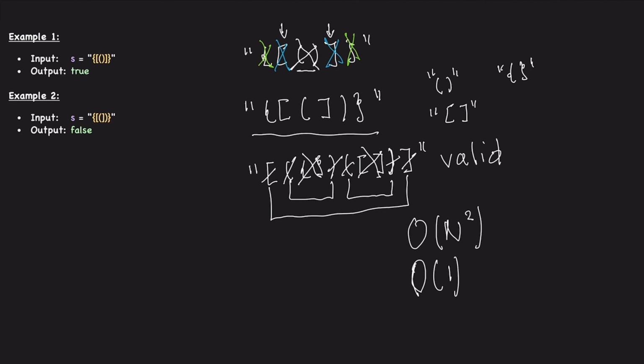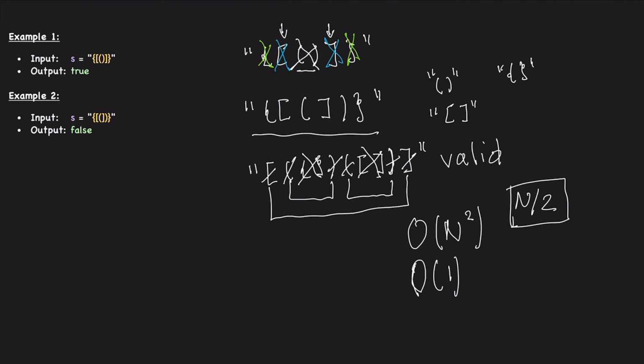If we have a string of size n, we have to search that string for the parentheses, and each time we remove two characters, but we still have to search this string n divided by 2 times, assuming the string is valid.